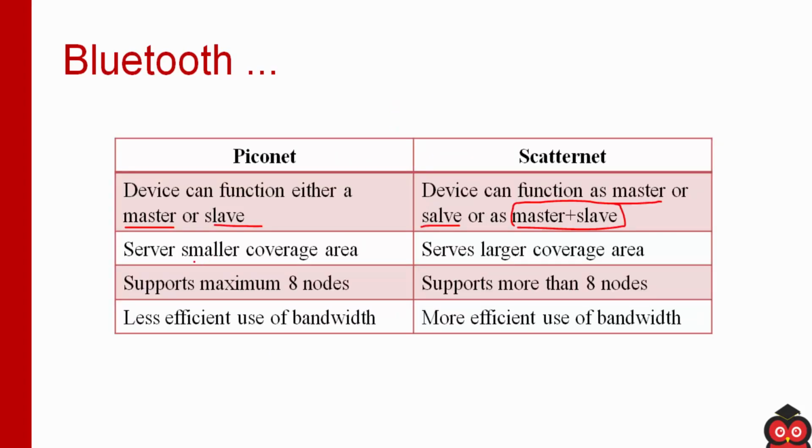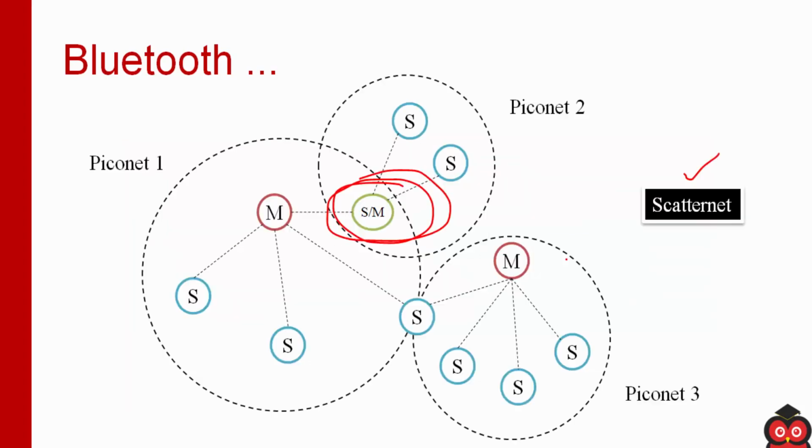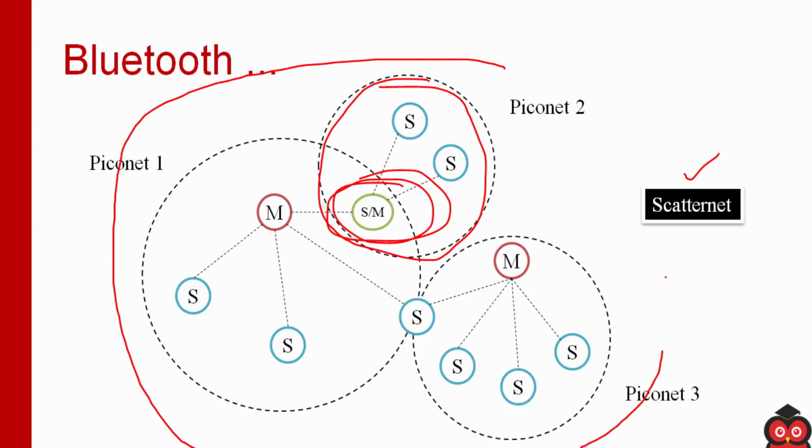Then, Piconet serves a smaller coverage area, and Scatternet serves a larger coverage area. If you see this Piconet, its area is only this, but if you see the Scatternet, its area is the entire thing.